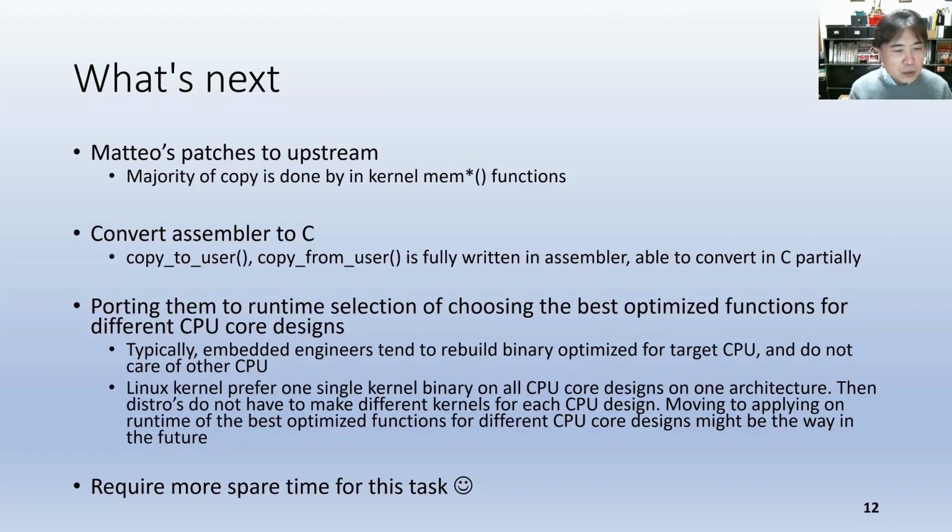Historically, embedded engineers rebuild the binary only for the targeted CPU, so they do not care about other CPU designs. However, as the slides show, an optimized copy function tends to differ with the CPU design. If it's an in-order core, it depends on how many pipeline stages. If the pipeline is longer, on an in-order single-issue core, then the loop unroll must be larger, like the old days in MIPS.